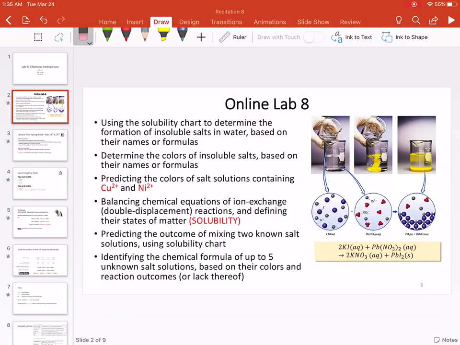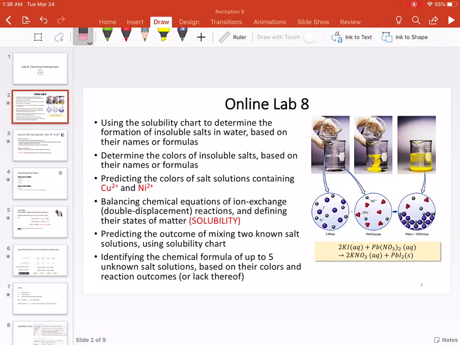So for this online lab 8, you guys will be using the solubility chart to determine the formation of insoluble salts. So you will need to learn how to determine whether you have a soluble salt or an insoluble salt. In addition to that, you will be determining the colors of those insoluble salts based on the information you have in the charts.